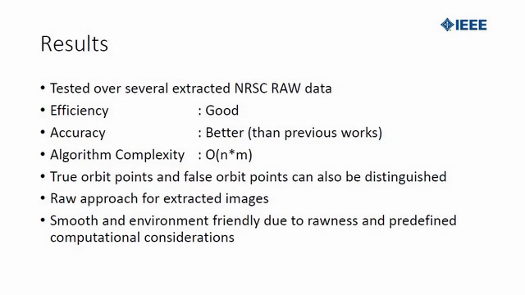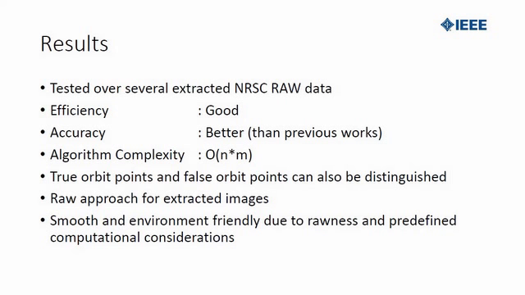We have tested it over several NRSC raw data. The efficiency as well as accuracy is good in terms of analytical standards. We have not compared it in terms of statistical standards. Algorithm complexity is O(mn) as discussed earlier. Now this is a very raw approach but very useful, as it also bins and neglects the false orbit points.